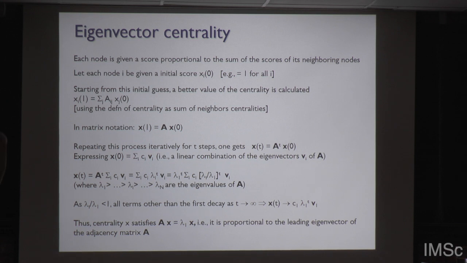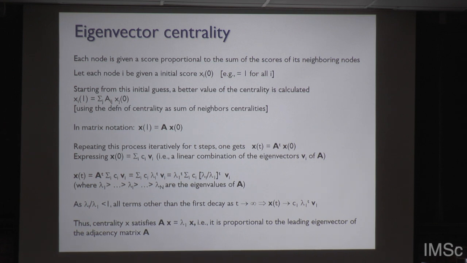That would contribute a very small factor to me. In fact, if they all have no other connections, then it would be the end of that iteration. However, if the 10 nodes that I'm connected to each have 10 other connections, then that would contribute a very large factor to me.